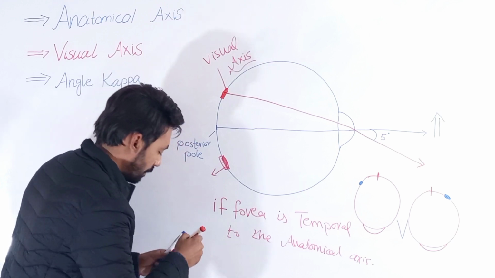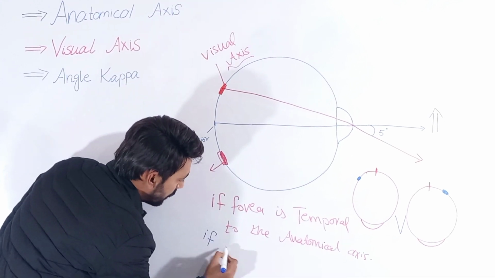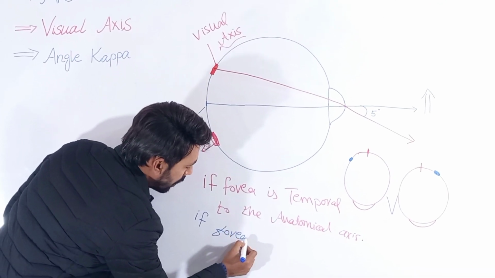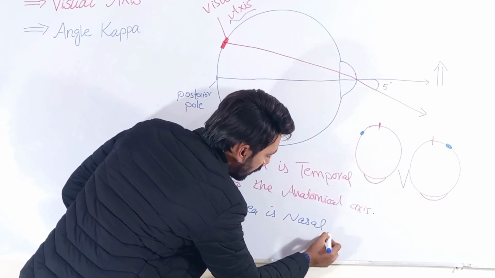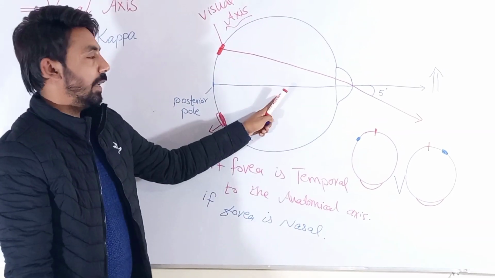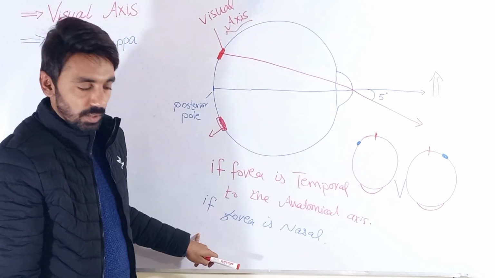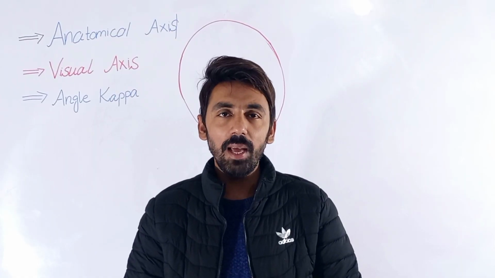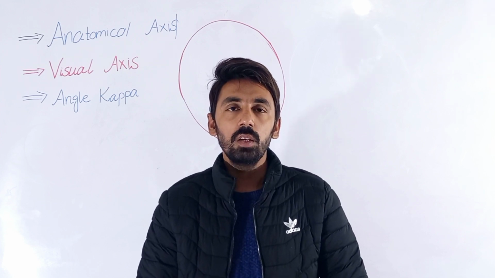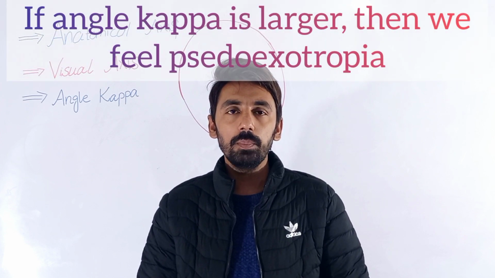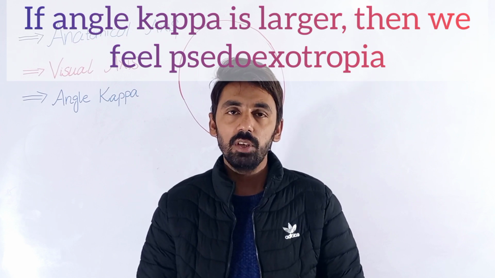If the fovea is nasal to the anatomical axis, this would be the negative angle kappa. So the normal angle kappa is 5 degrees, and whenever under any condition the angle kappa is larger than normal, then we will get exotropia or exophoria in the concerned eye.